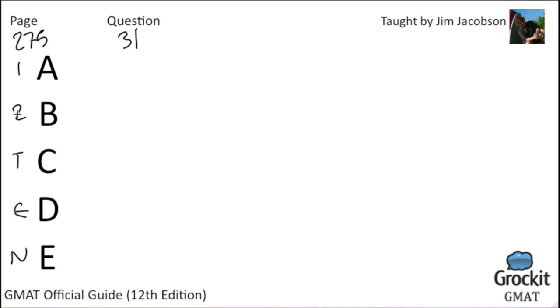B is that statement 2 is sufficient and 1 isn't. C is that together they are sufficient but individually are insufficient. D is that either one is sufficient on its own. And E is that neither one is sufficient on its own or in conjunction with the other one. So, without further ado, let's get started.